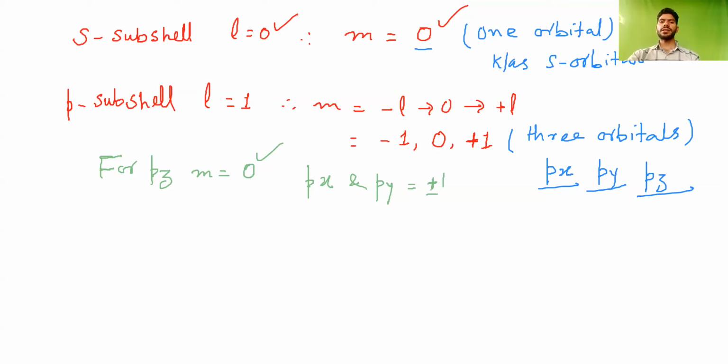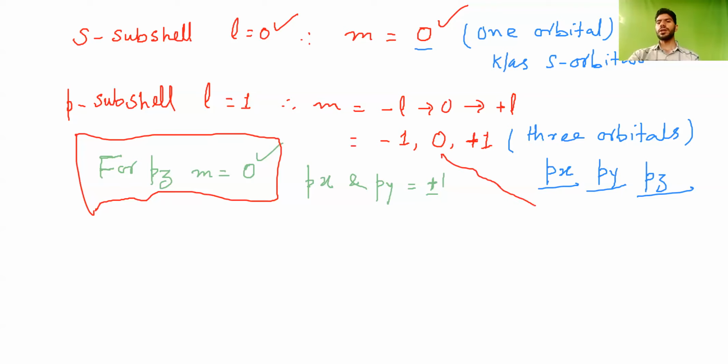But for pz, it is fixed that the m value is taken as 0. Because we have the three values, minus 1, 0, and plus 1, but this 0 is particularly for pz. You have to remember this. This is very important.